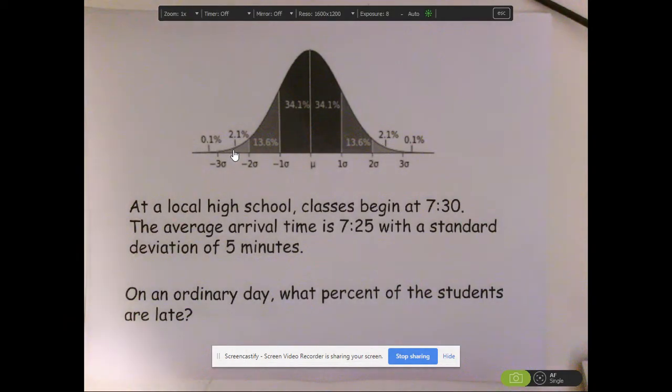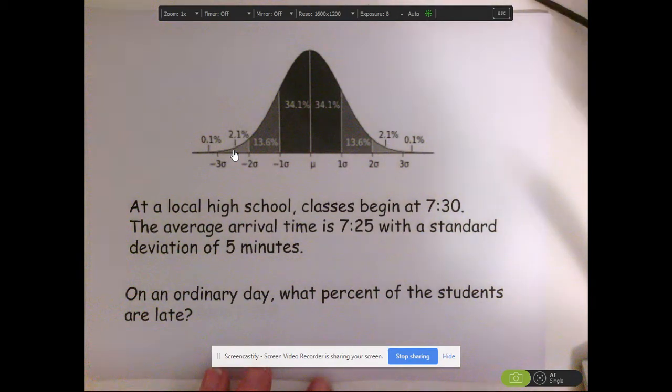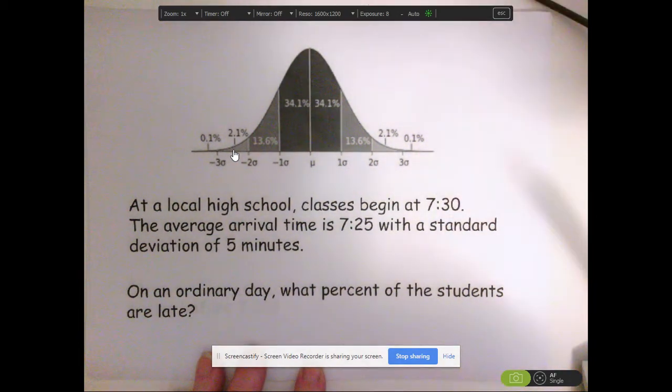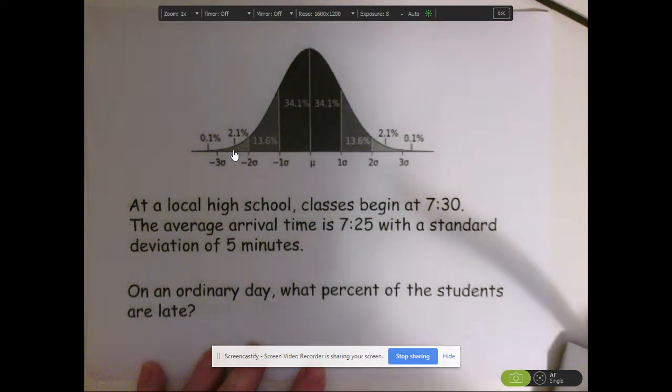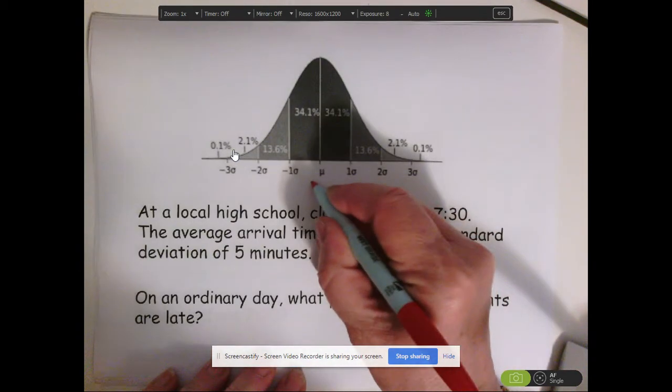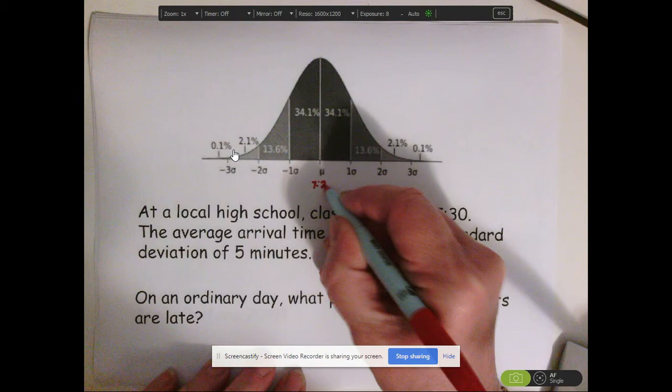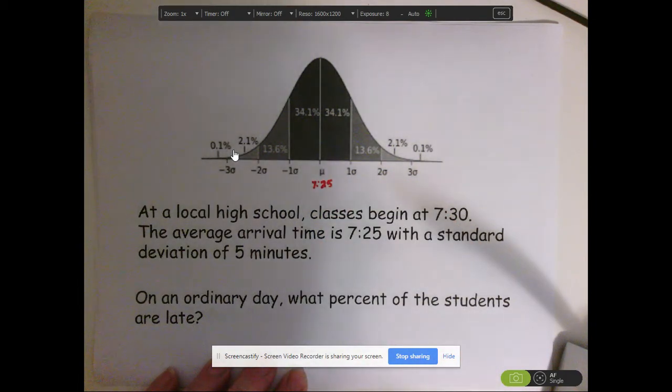All right, so let's take a look at an example here. At a local high school, class begins at 7:30. The average arrival time is 7:25 with a standard deviation of 5 minutes. On an ordinary day, what percent of the students are late? So this 7:25 that they mention here is going to be your mean. Let's write that right in our chart. This here would correspond to 7:25.